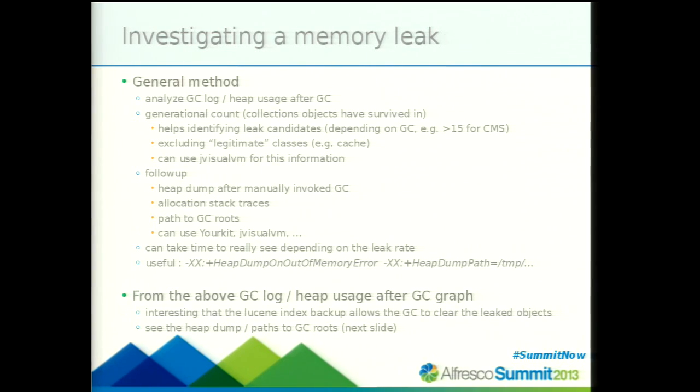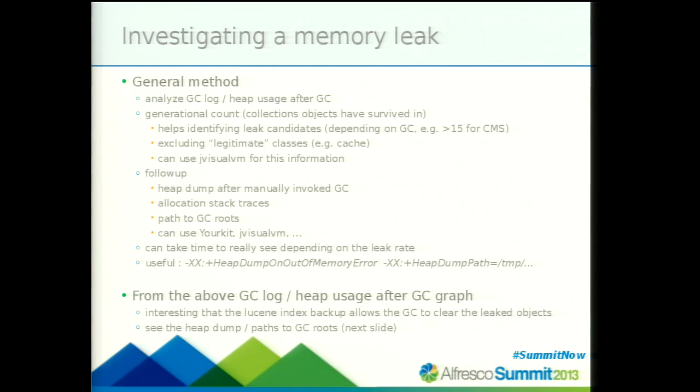Basically, you want to analyze, as we just did, the GC log and find out that there's probably a memory leak. You can use a lot of tools to do that. An important tip for finding a memory leak is just looking at the generational count for all the objects in the JVM. This is told by simple tools provided by the JDK, or by YourKit, or by NetBeans Profiler.